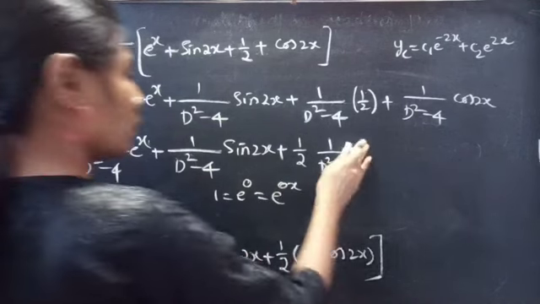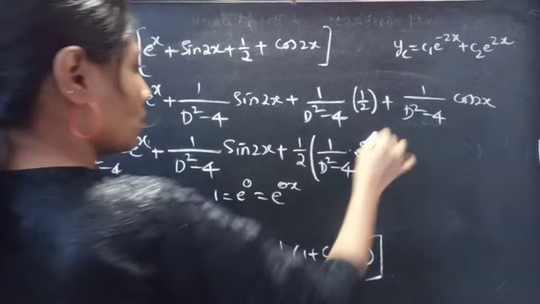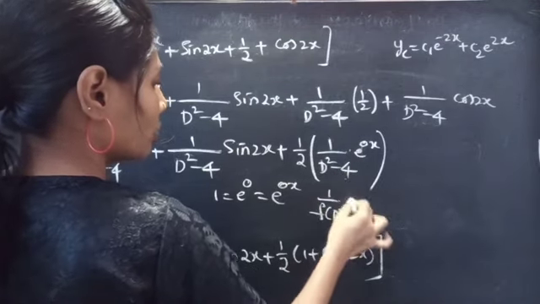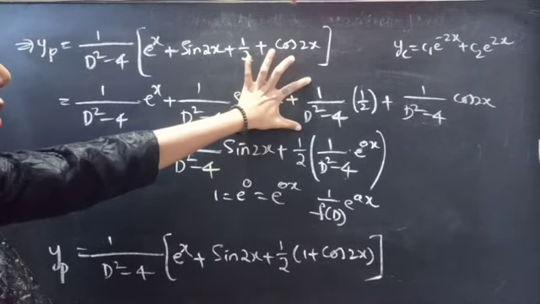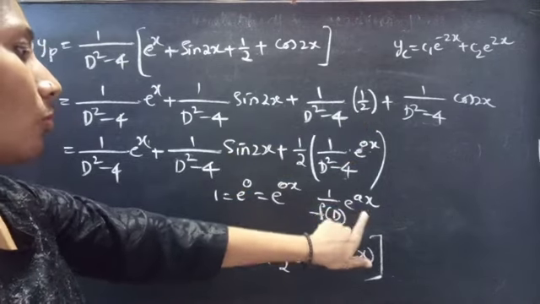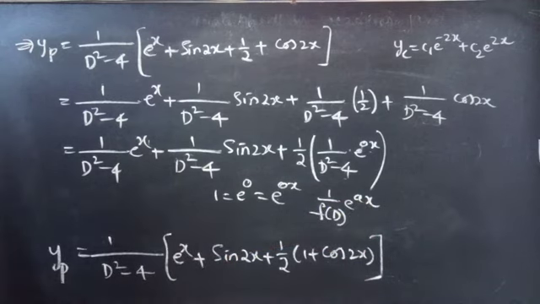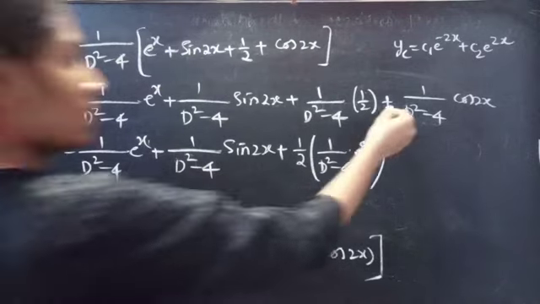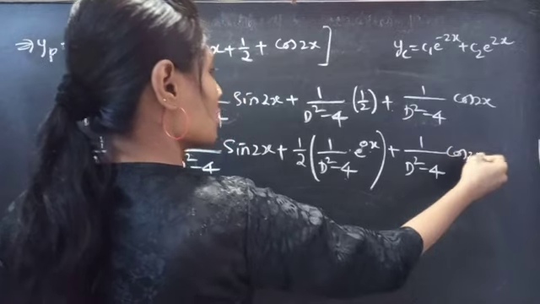If you write e power 0x, this gets the form 1 by f of D into e power ax. We write the 1 by f of D into the constant as 1 by f of D into e power 0x, which is in the 1 by f of D e power ax form, for our convenience. Plus 1 by D square minus 4 into cos 2x.